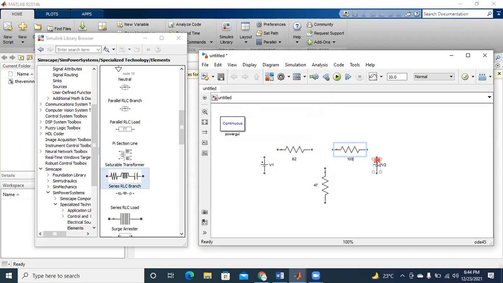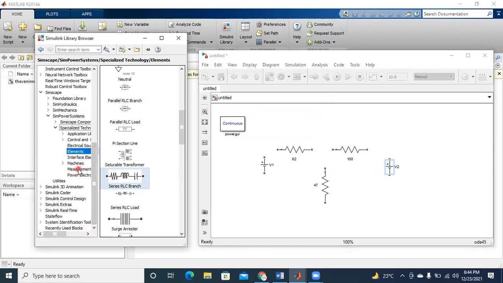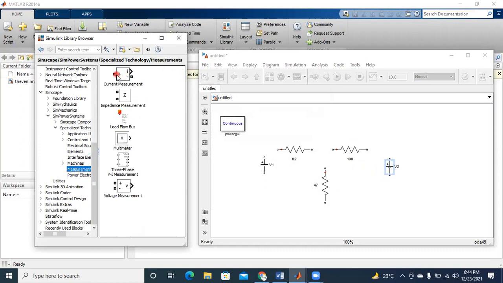This is around 100. Now, as per the circuit, you are supposed to find out the current flowing through your 47 ohms resistor. To measure the current, I require a measurement unit, an ammeter. The ammeter should be connected in series with your line.